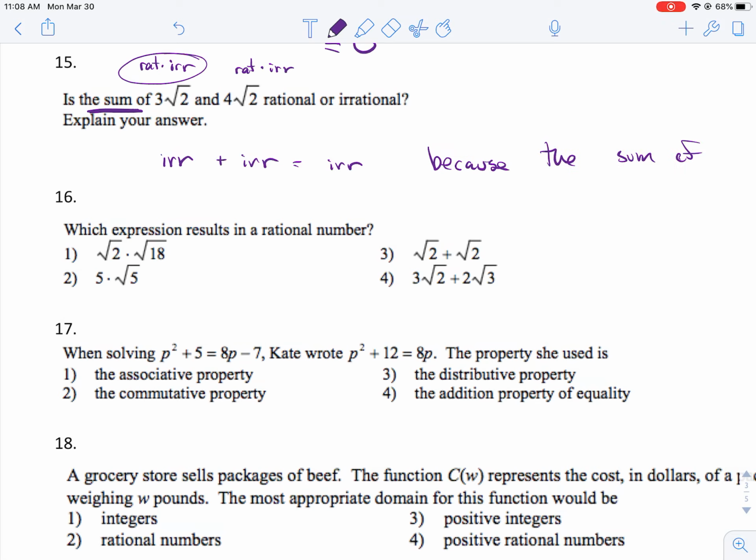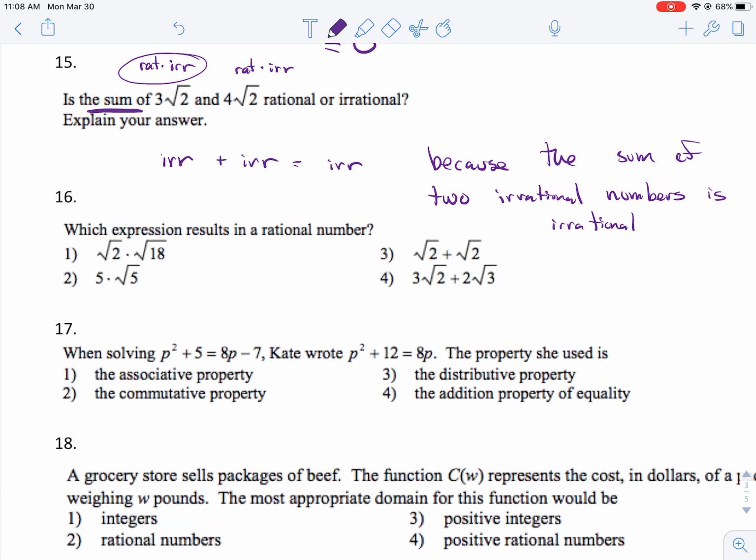Explain your answer. The answer is irrational because the sum of two irrational numbers is irrational. By irrational, I mean it's non-terminating.